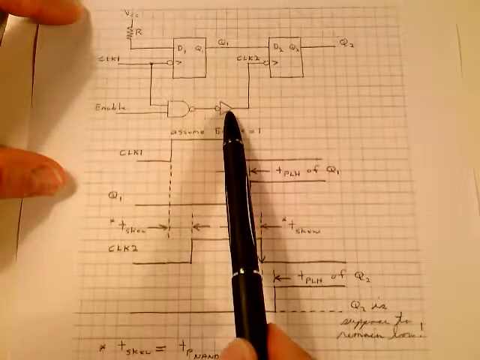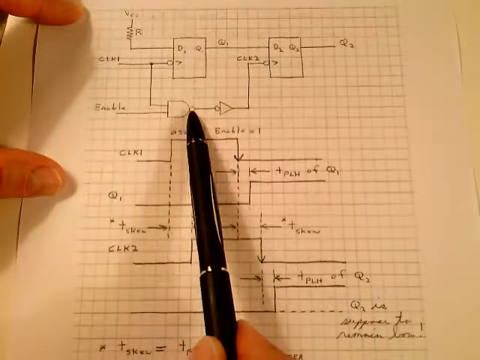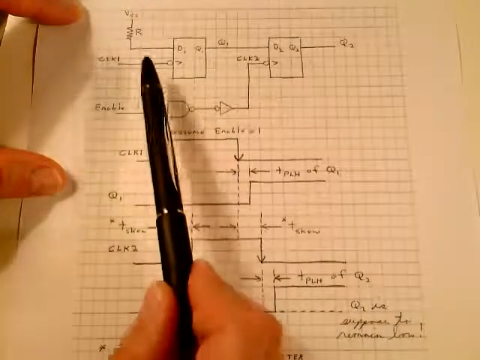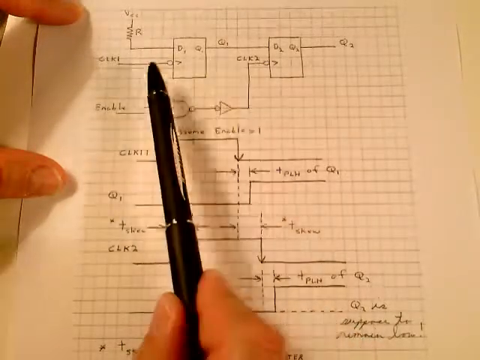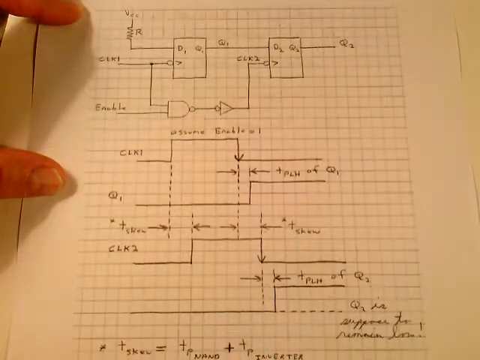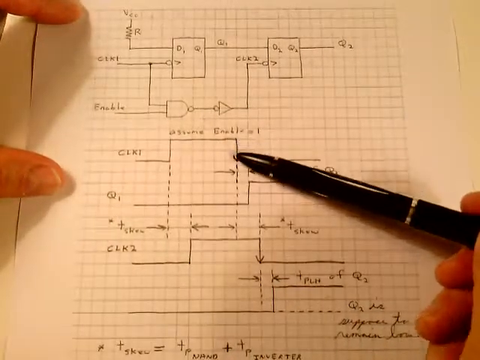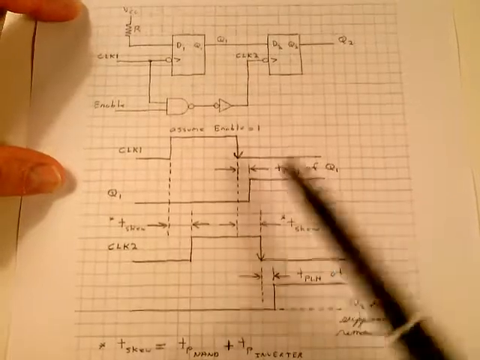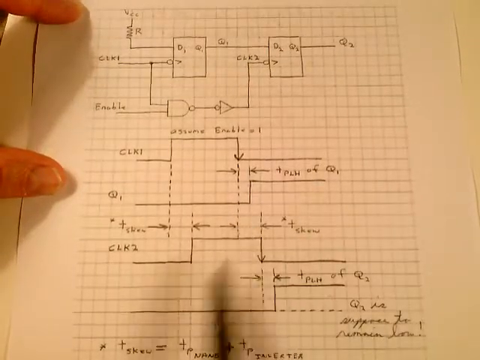So I just have to put another inverter here to negate that bubble on the NAND gate, so that when this has gone low, this has gone low. But there's clock skew because this doesn't go low the same time that goes low. Clock 1 goes low here and clock 2 goes low here because of this clock skew.